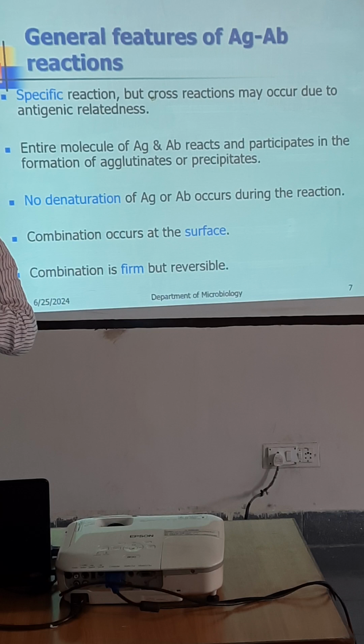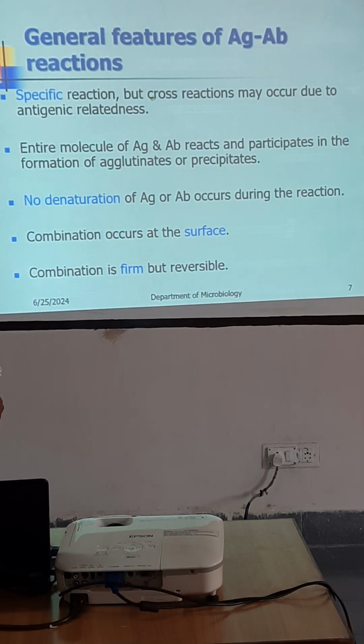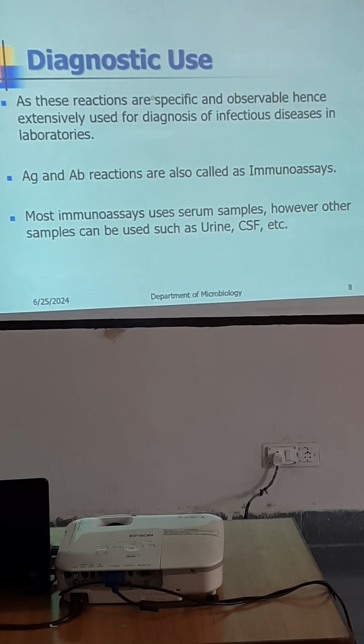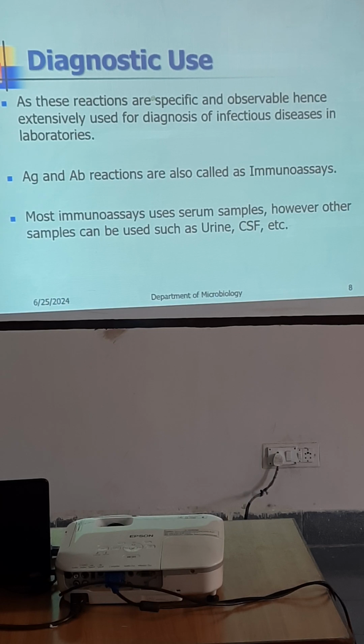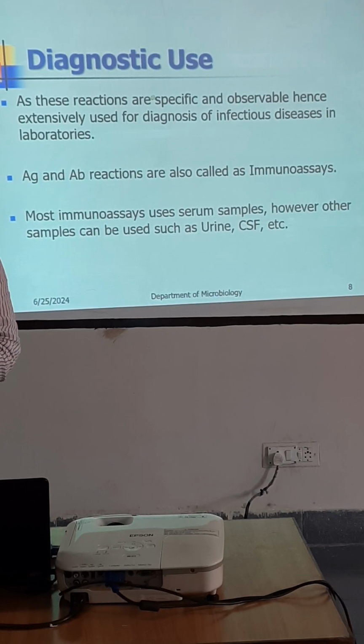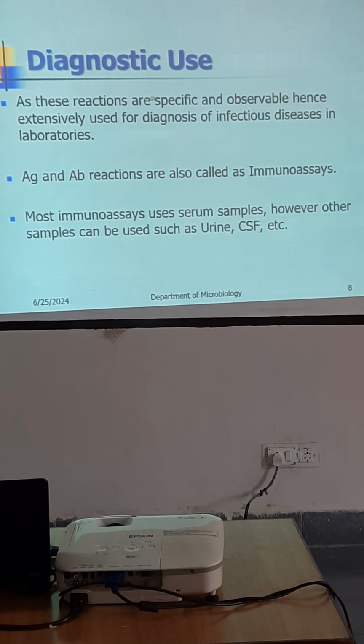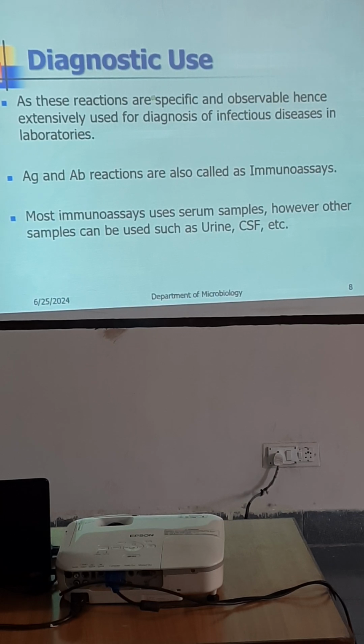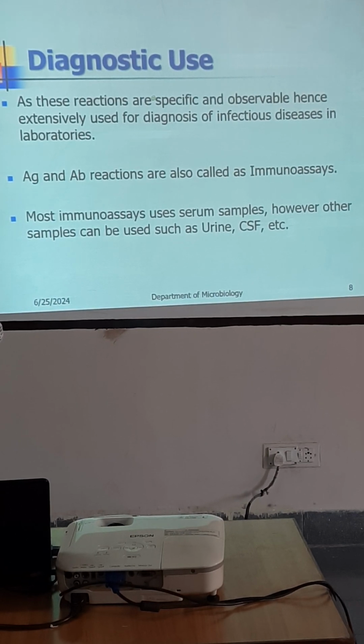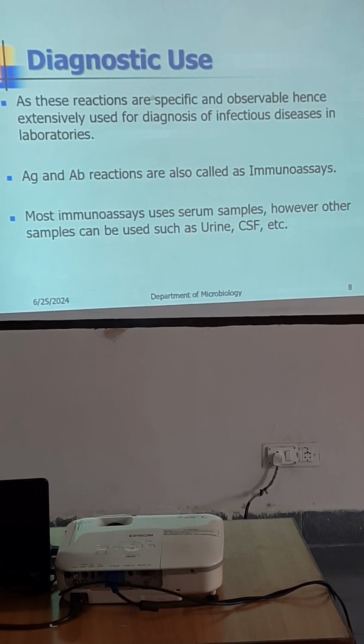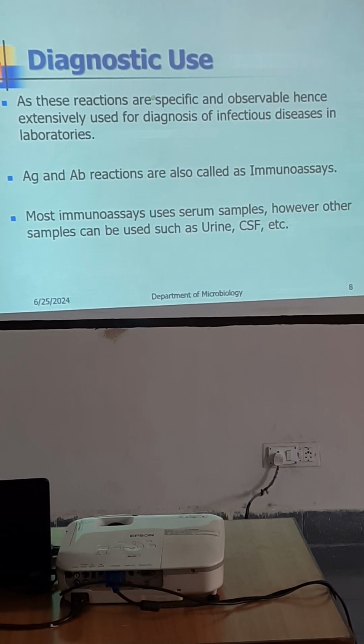This combination is always on the surface, and it is a firm combination and reversible. So these reactions are very specific and observable. Hence, these reactions are extensively used as diagnostic tests for identification or diagnosis of certain infectious agents and diseases in laboratories nowadays.